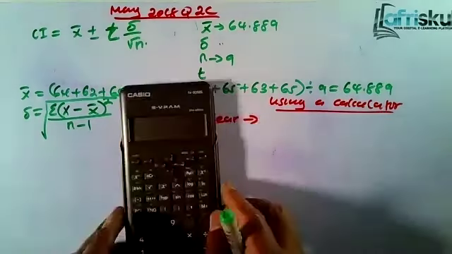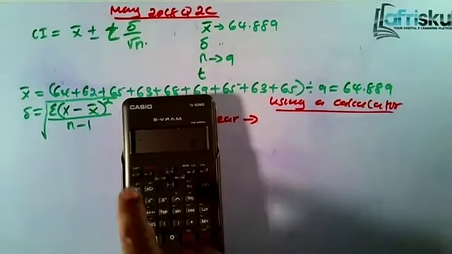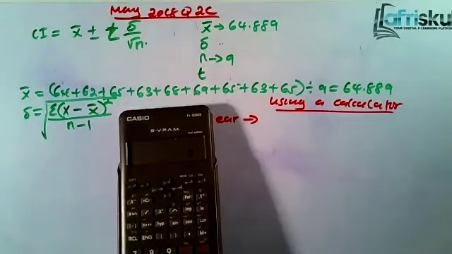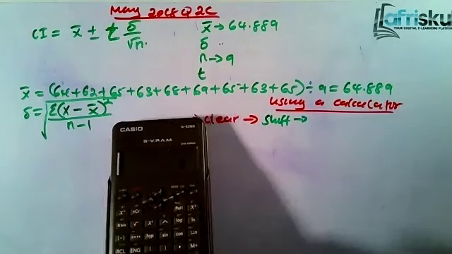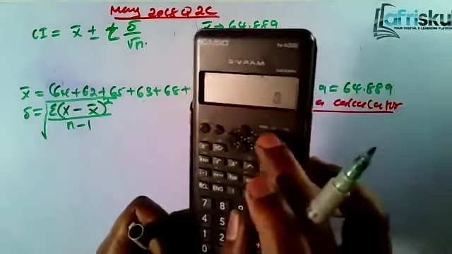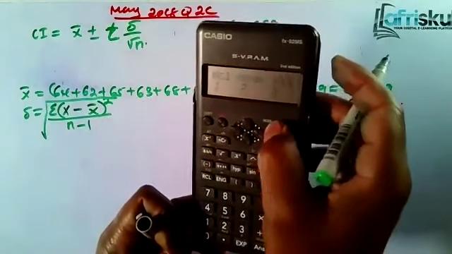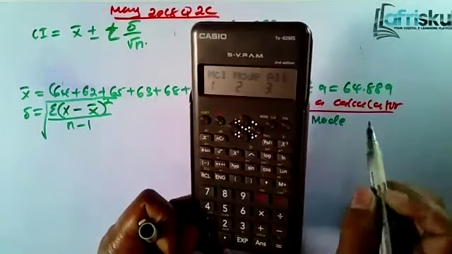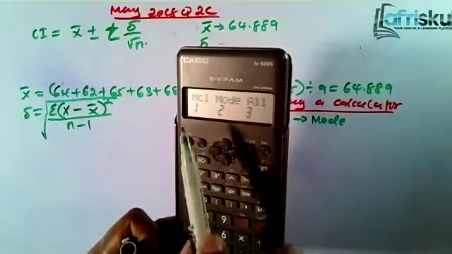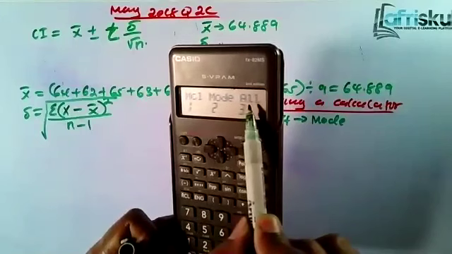Let's look here. You press shift, and then you press mode. Mode is there, right? Then if you press mode, you will see MCL, mode and all.